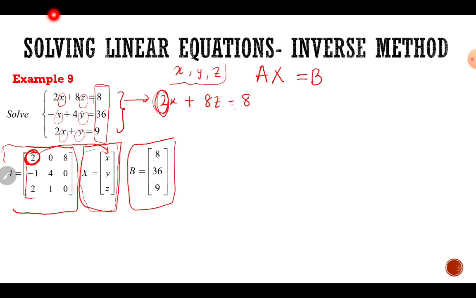However, in the first equation, we don't have y. In that case, it means the coefficient for y is 0. Understand? 0y plus 8z. So indirectly, y actually exists: 2x plus 0y plus 8z equals 8. But because 0 times y is 0, it is gone. So we just have 2x plus 8z.